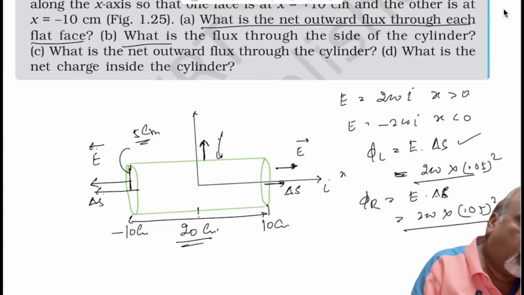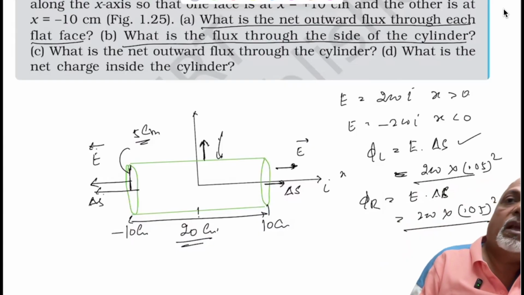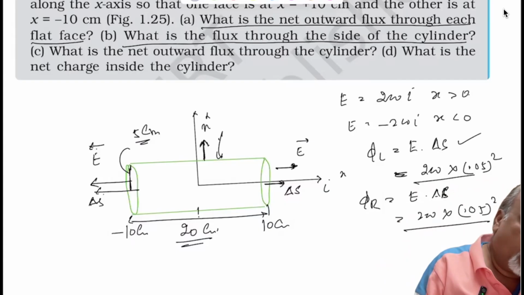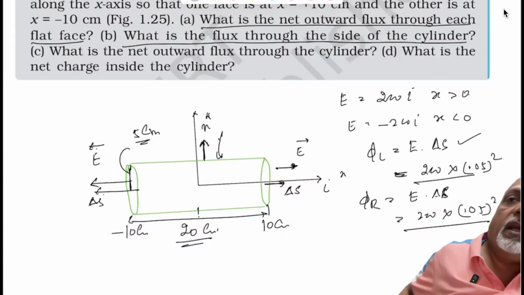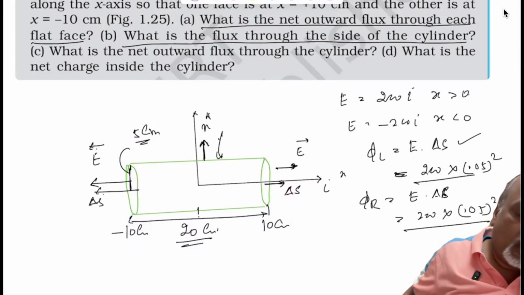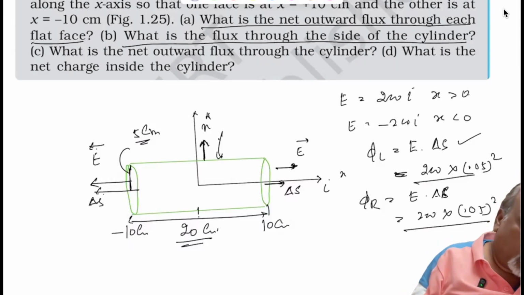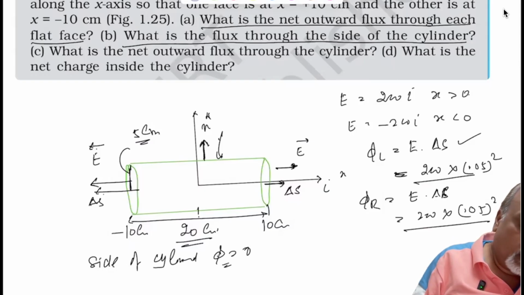What is the flux through the side of the cylinder? On the side of the cylinder, I told you, the area vector is perpendicular to E. Since E and S are a dot product, naturally phi will be 0 there.